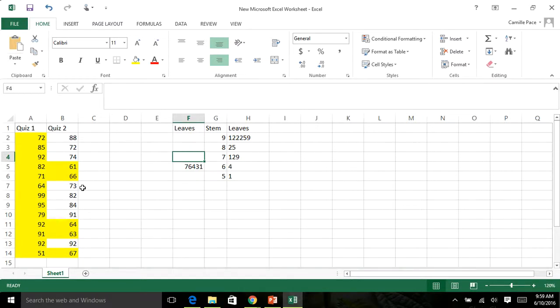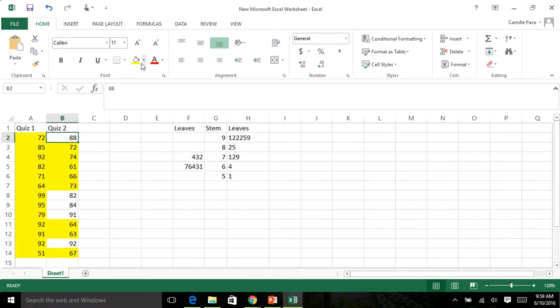All right, let me do my 70s. I have 72, 74, and 73. Again, because of the way I'm putting them in, I have to put them in backwards, so it's going to be 4, 3, 2. That is 72, 73, 74. All right, let's look at the 80s.